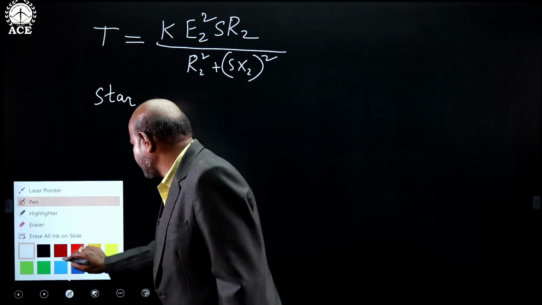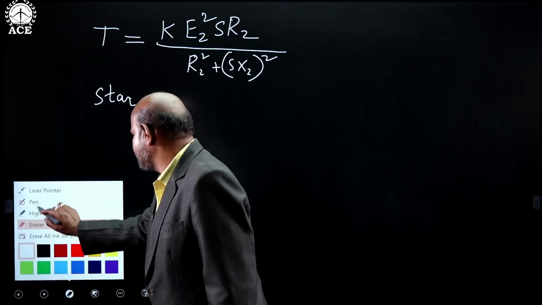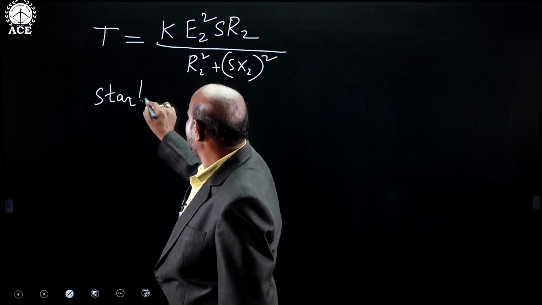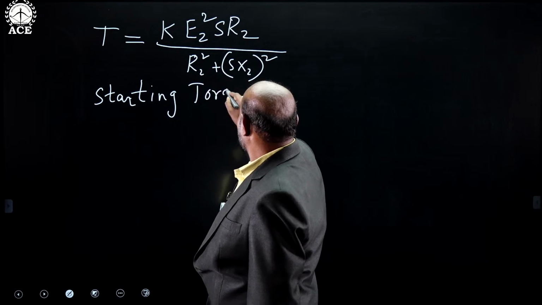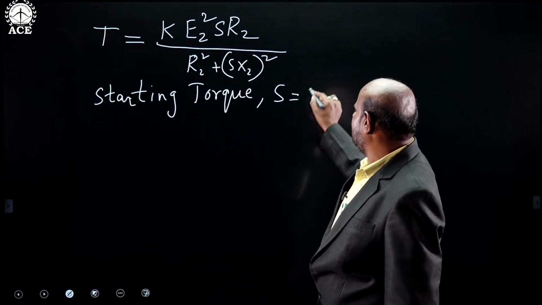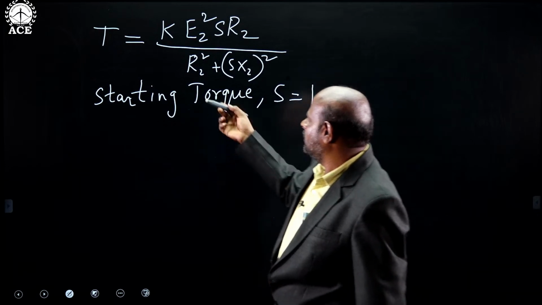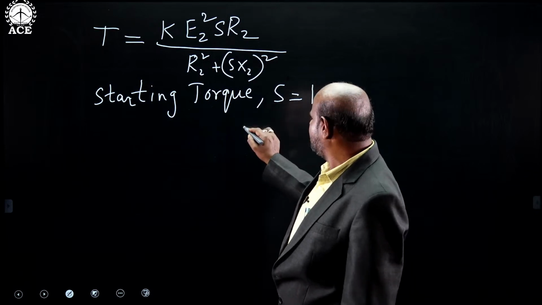Starting torque is obtained when slip is 1, means rotor speed is 0. What is the formula for slip?